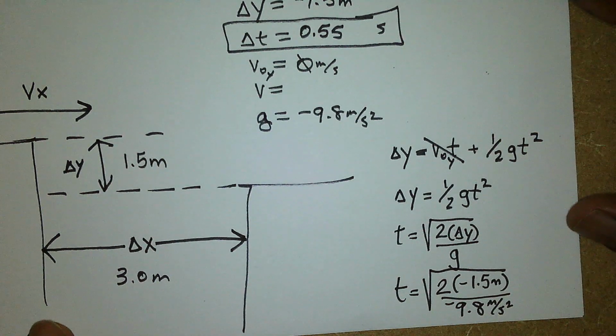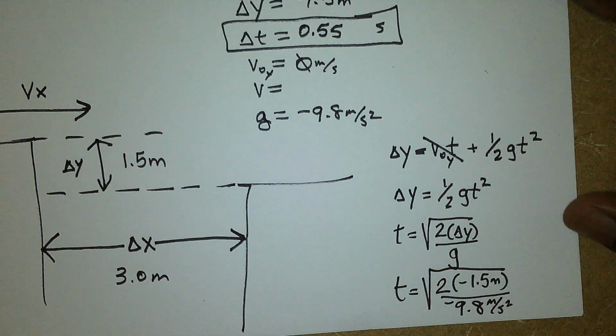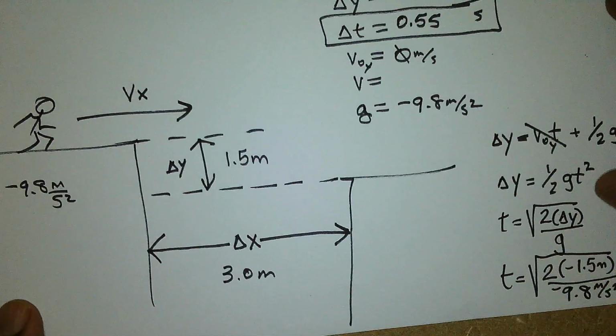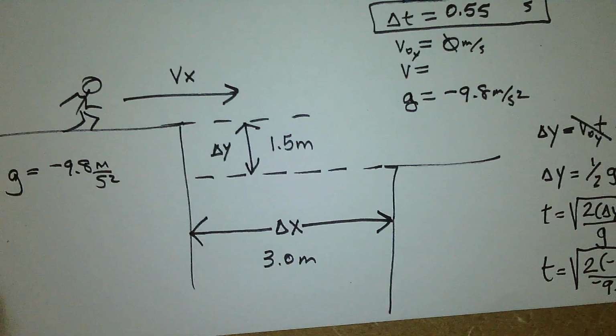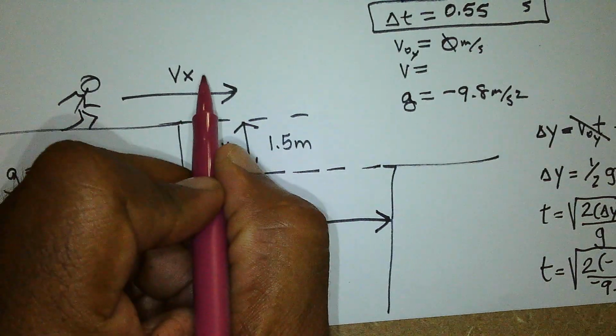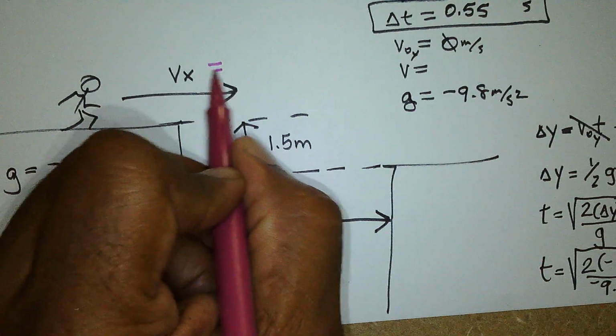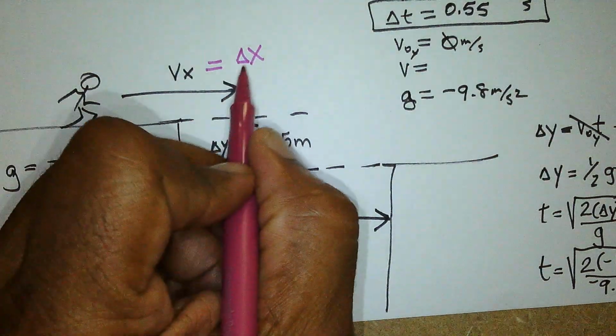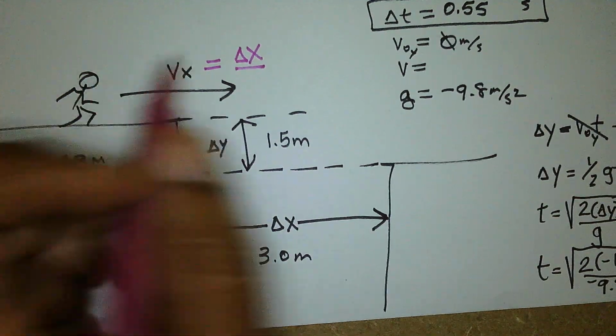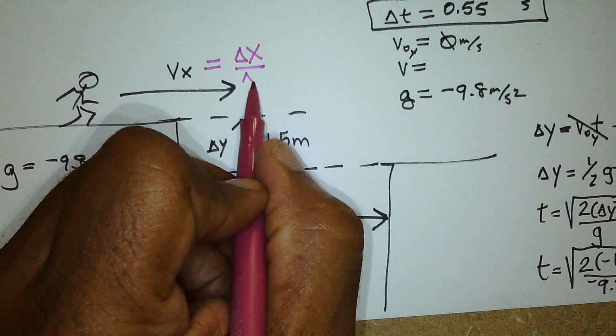So how fast will they have to run? Now, in order to calculate velocity, I'm going to change the color here. The horizontal velocity will equal the delta x, or the range, divided by the change in time.